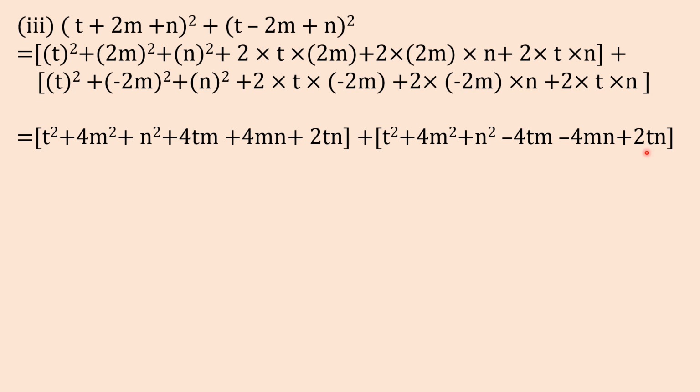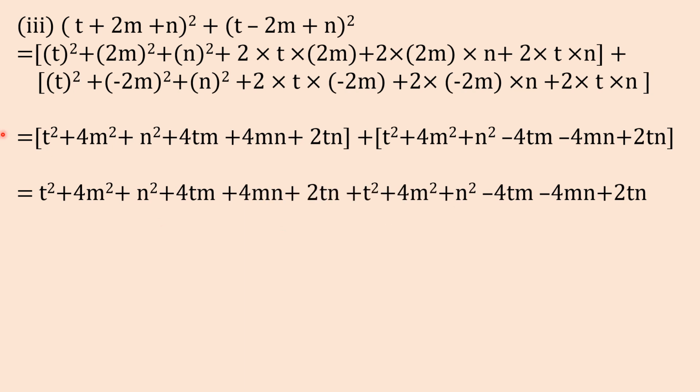Remove the terms out of the brackets. So here it will come out as it is because your middle sign is plus, so there will be no sign change in the second part. So you'll get t square plus 4m square plus n square plus 4tm plus 4mn plus 2tn plus t square plus 4m square plus n square minus 4tm minus 4mn plus 2tn. Now can you see, students, here two terms are similar.